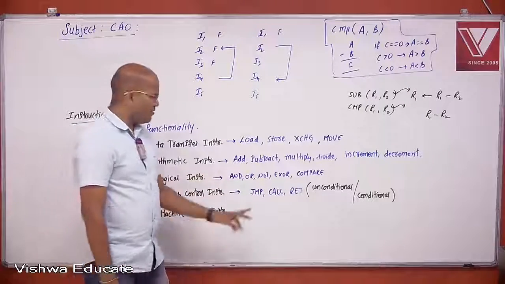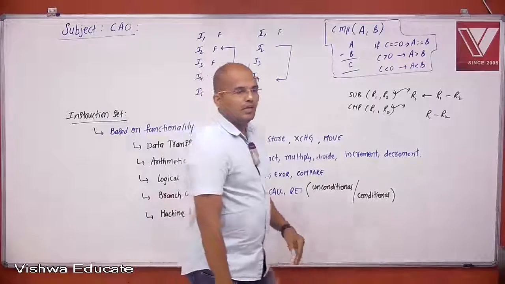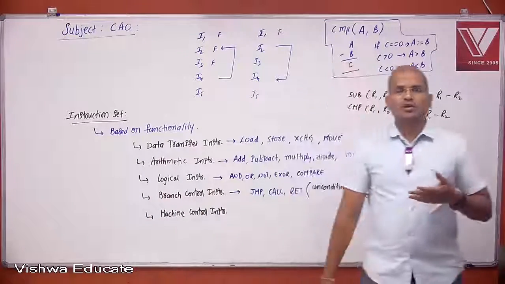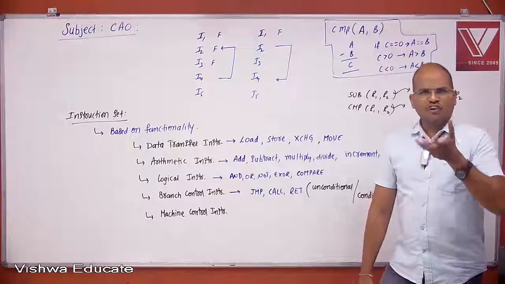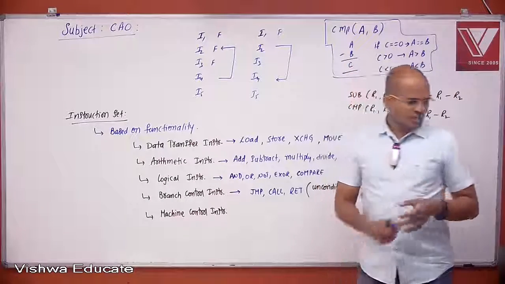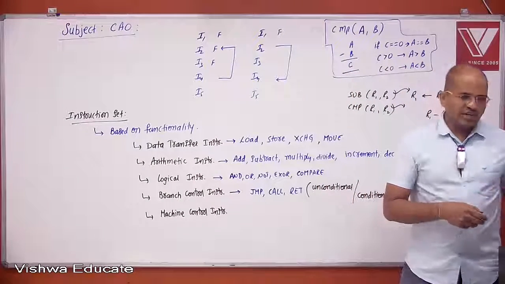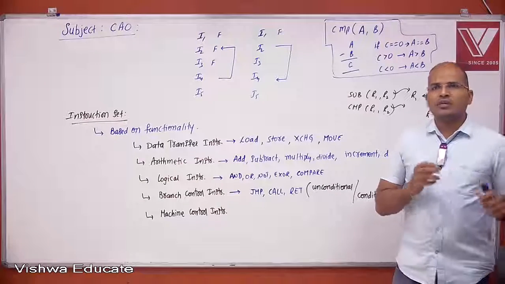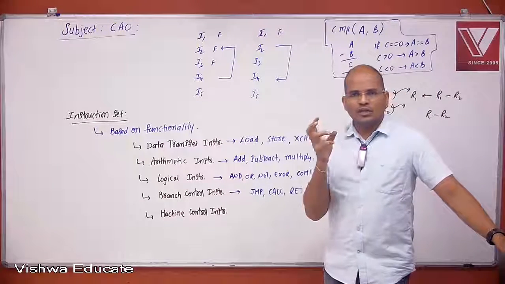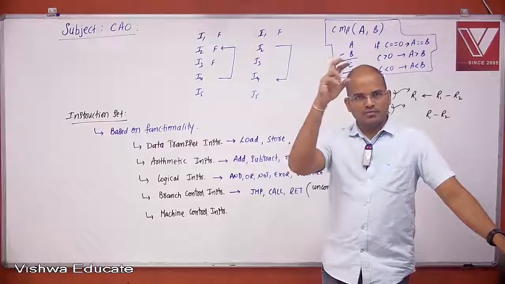Now, what do you mean by the words call and return? We have learned the concept of subroutines or functions in C language, right? A function in C language is an area where you write logic in support of the main block.